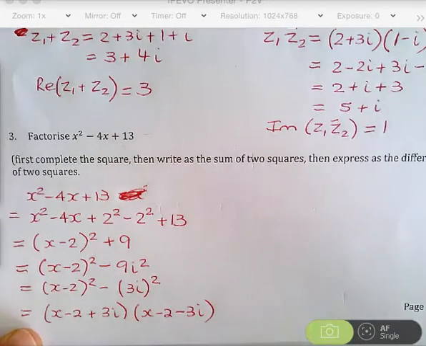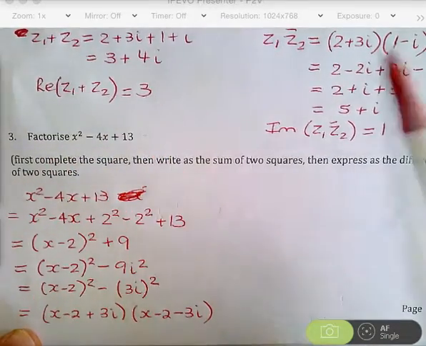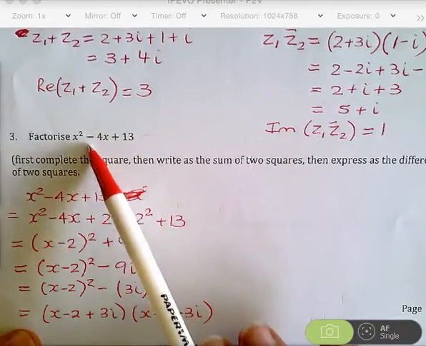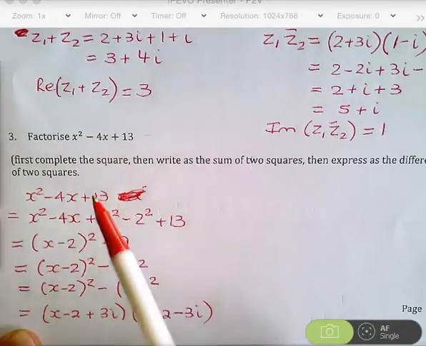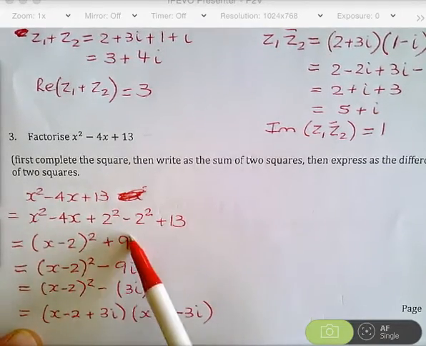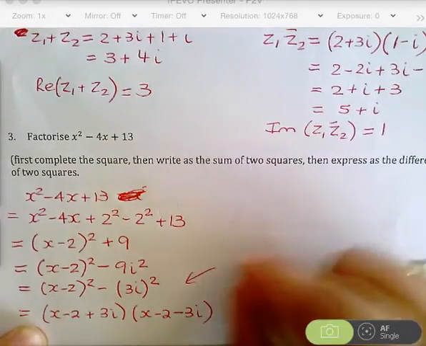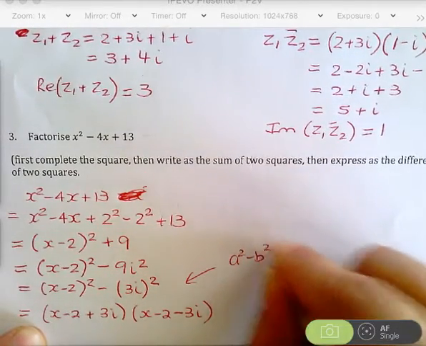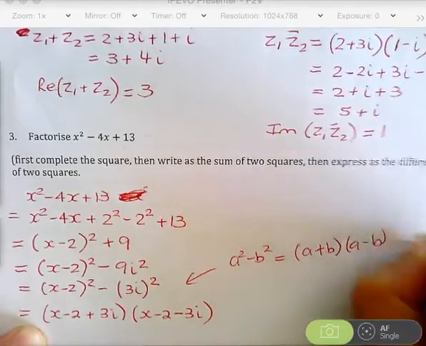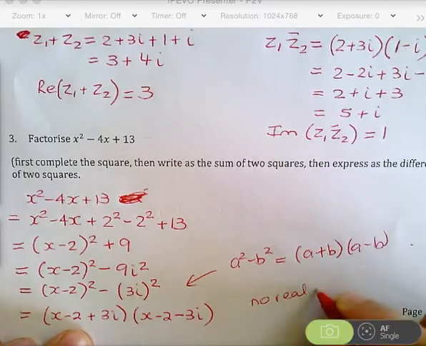So the way to do it, if you're asked to factorize something like this that can't be factorized, because we can't think of two numbers that multiply to give 13 and add up to give negative 4, it won't work. So we complete the square on the same side. We change the plus here to minus 9i squared. We write it in the form a squared minus b squared, and we know that's a plus b, a minus b. So notice that there are no real factors here.